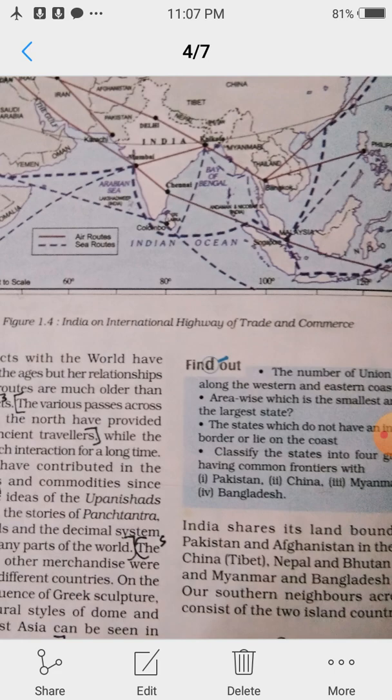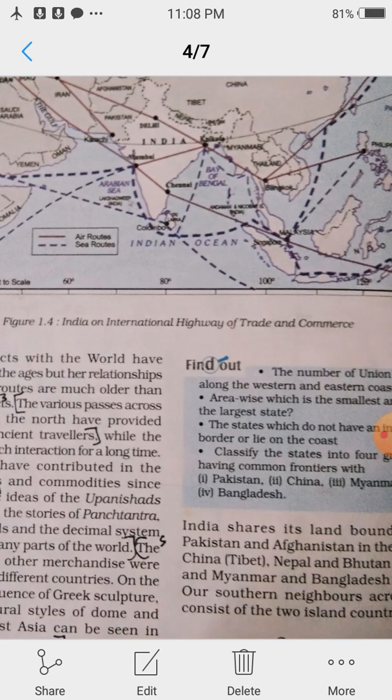While the ocean restricted such interaction for a long time, it was much easier for ancient travelers to come to India through the passes.